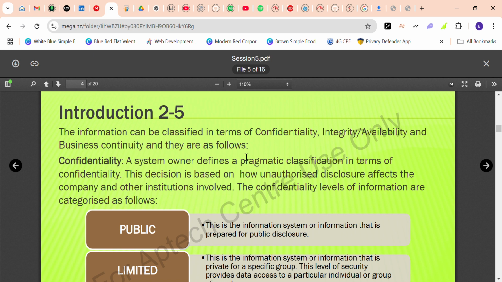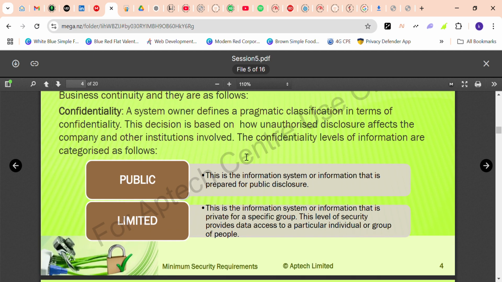One, we have public. Two, we have limited. When we are talking of public, this is the information that is prepared for public disclosure. There is some information that is for public disclosure, like marketing content, information about shares, how much we sell our shares, and so forth.